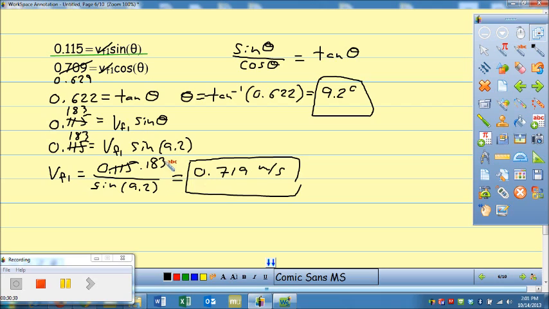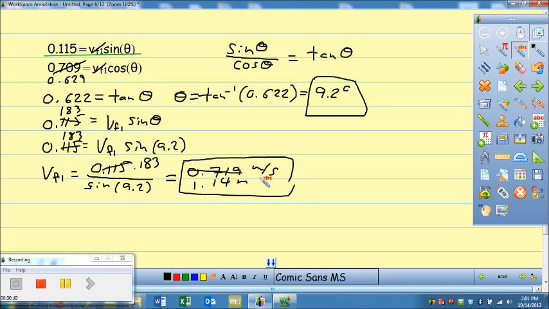So let's see if we have 0.183 divided by the sine of 9.2. Now we get 1.14. Is that any better, or is it worse? Let's have a look. Worse. Okay.